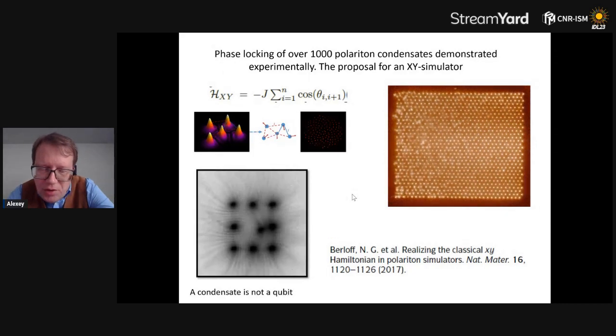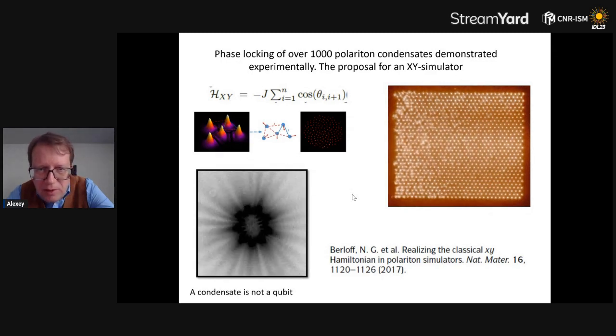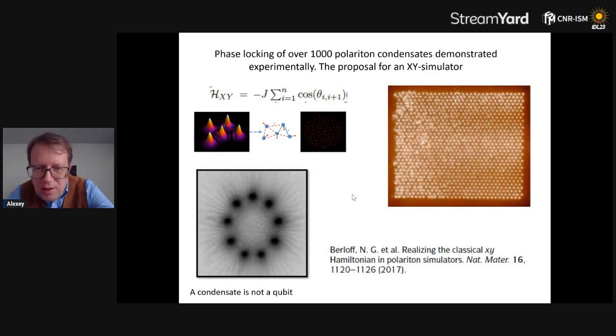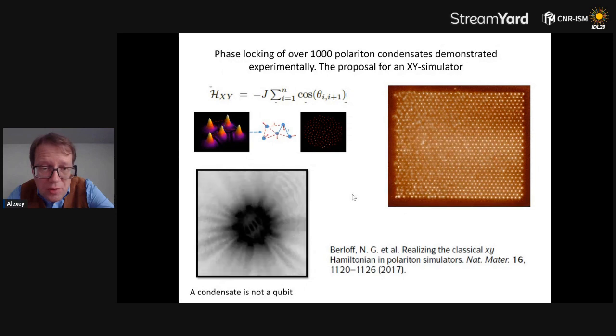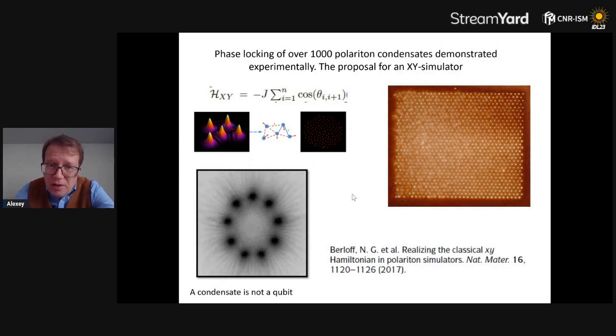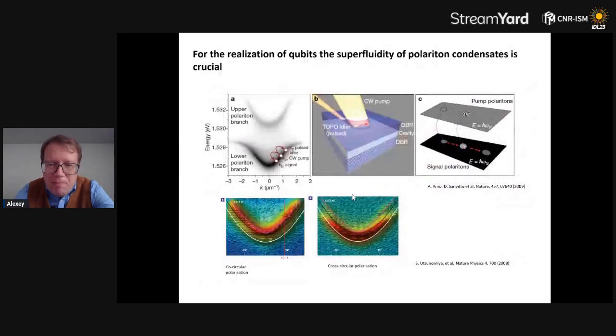And I should emphasize that while it is very interesting, it is not yet a quantum computer, and it is not yet anything quantum because there are no qubits here. A condensate is not a qubit, but a qubit can be prepared from the condensate. And for this, we need to exploit the superfluidity of polariton condensates, superfluidity of liquid light.